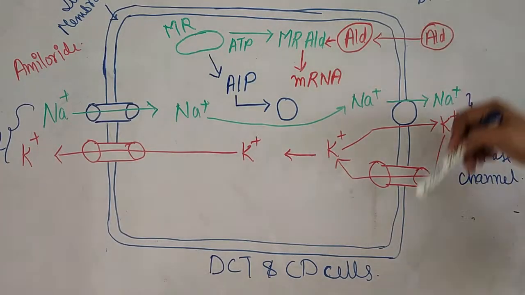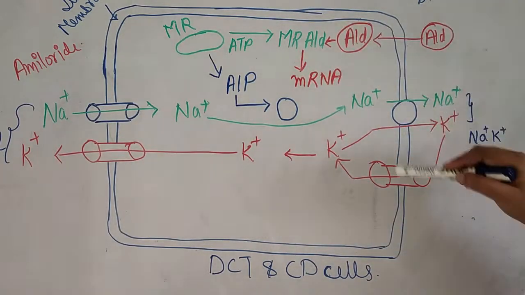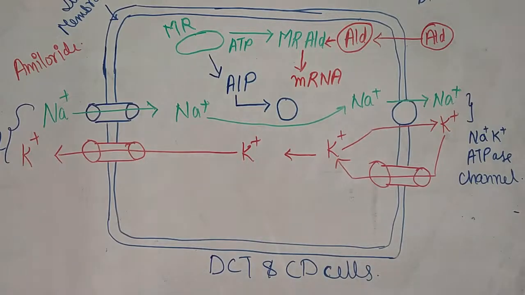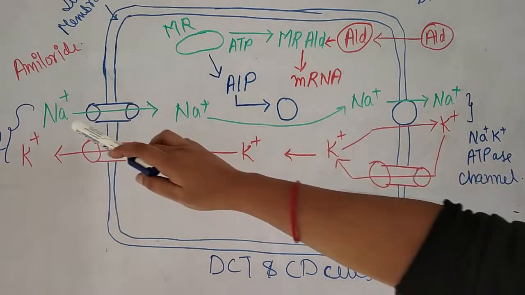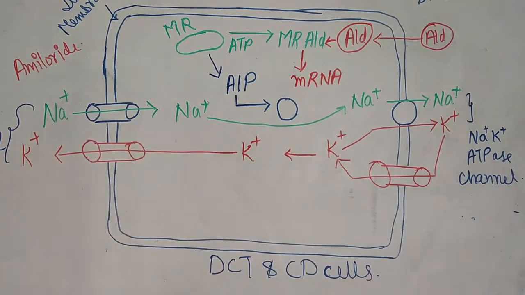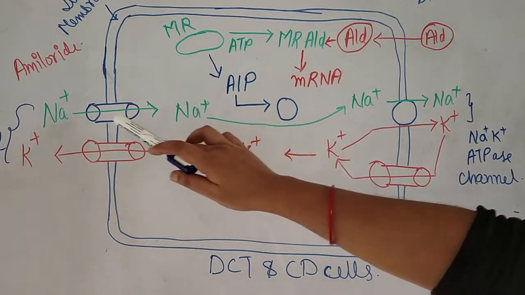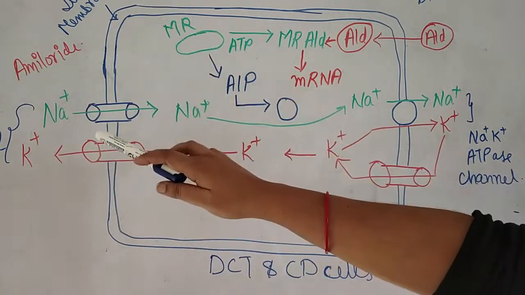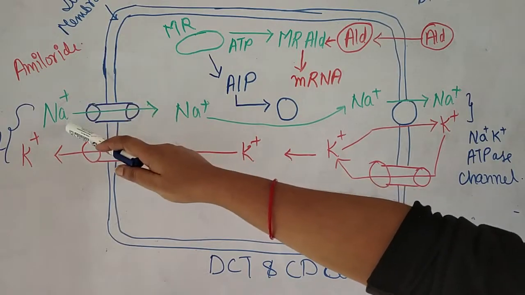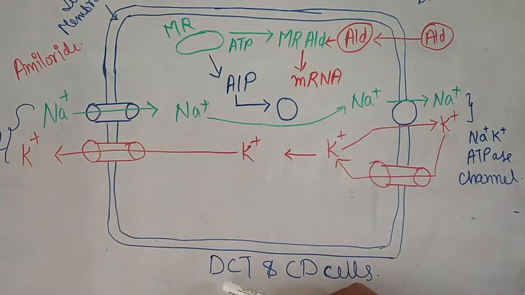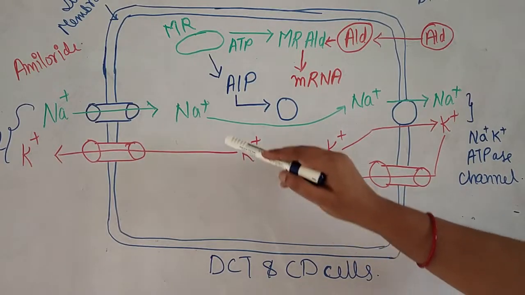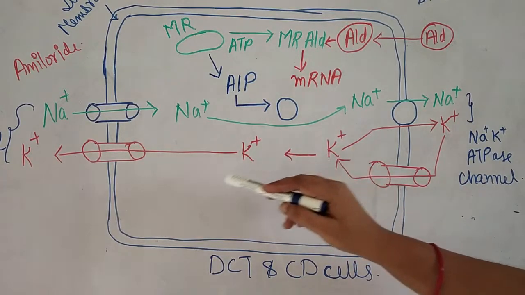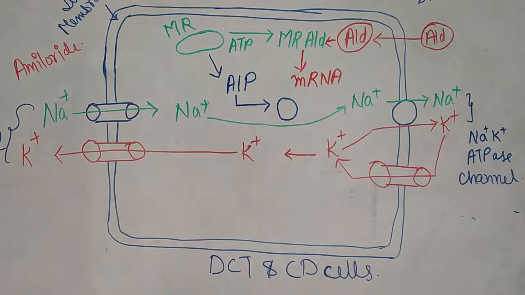Here you can see the luminal membrane, where different channels are present. This is the sodium potassium channel, through which sodium can enter and potassium can leave into the urine. From the urine, the sodium ion can enter inside the DCT, the distal convoluted tubule cell, and the potassium ion can leave the DCT cell into the urine through the potassium channel.